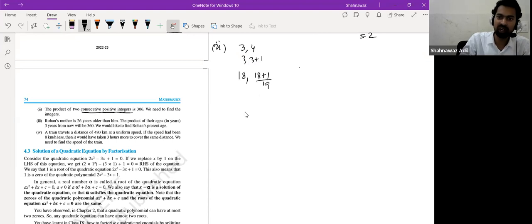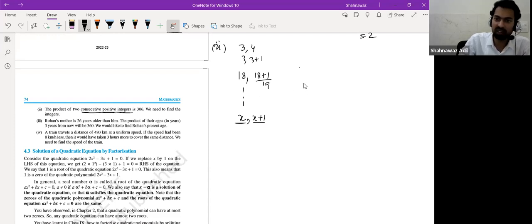Let's say one number is x. What would then be the next consecutive number? x plus 1, right? So 3, 3 plus 1, 18, 18 plus 1, and if we have x, then x plus 1. These are consecutive positive integers.